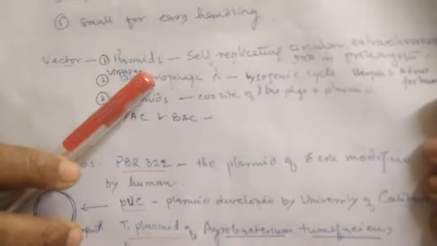So these are the things used as vectors: plasmids, bacteriophages, viruses like herpes and adenoviruses for humans, then cosmids, then artificial chromosomes, yeast or bacterial. These are the common vectors which are used.